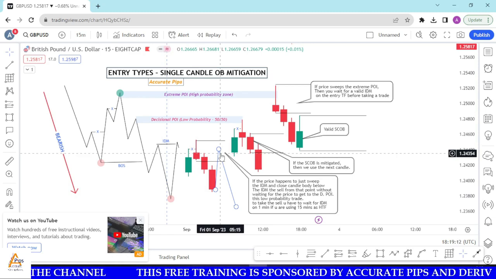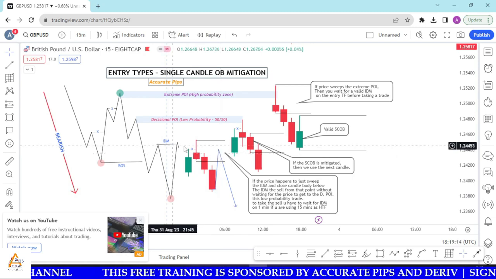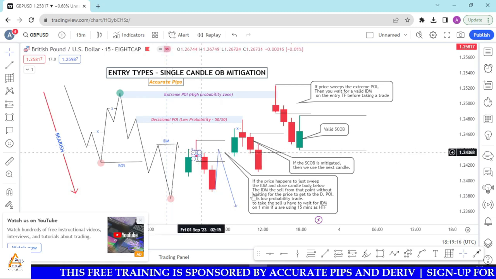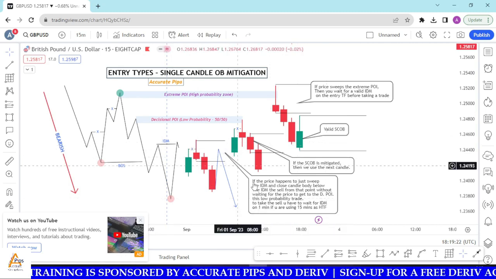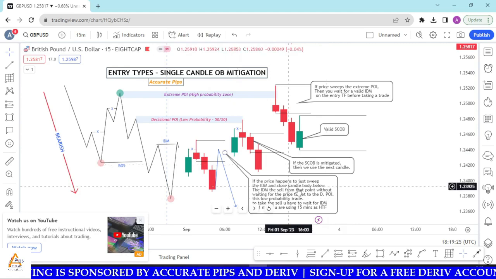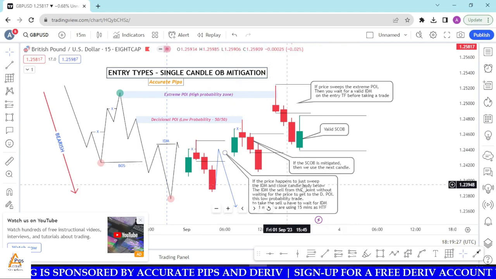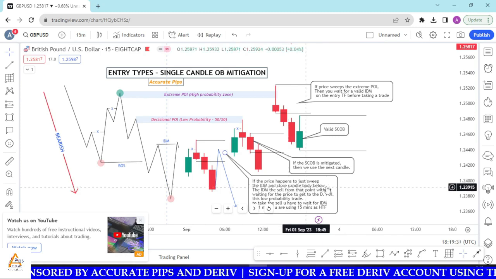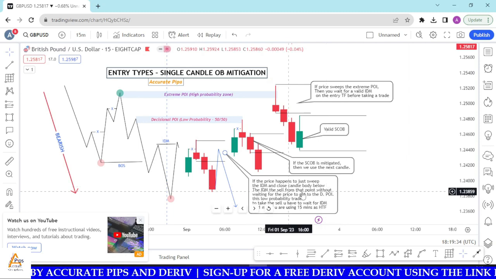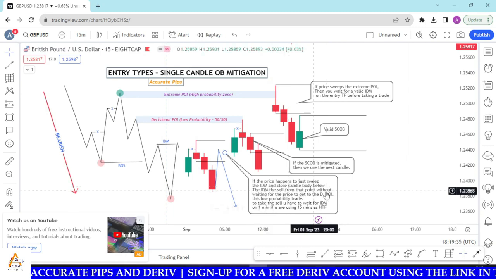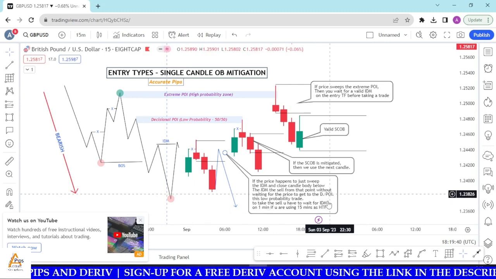Please pay attention. If market sweeps just the top like this, that's why I'll drop these images on the page. That's why I did this and annotated them. If you see, they said if the price happens to just sweep the IDM and close candle body below the inducement, then sell from that point without waiting for the price to get to the decisional POI.